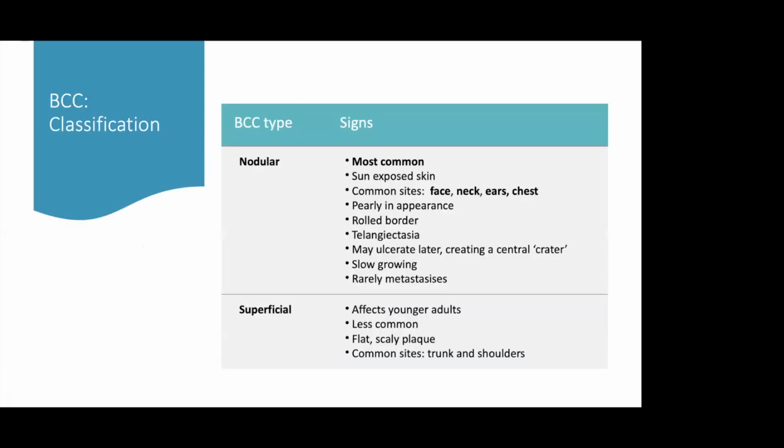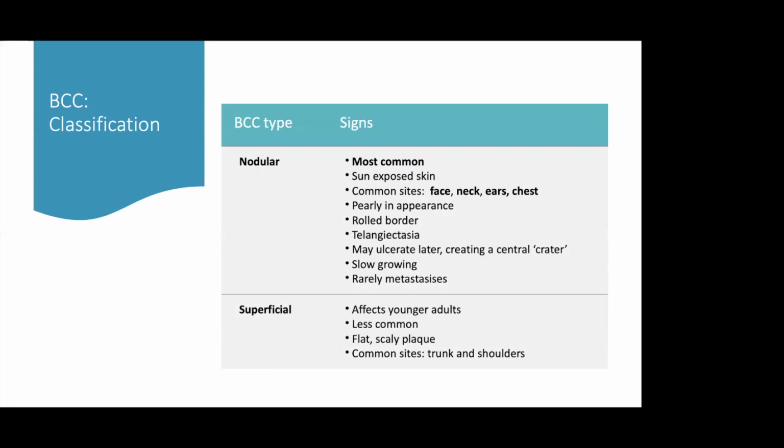Now, there are a number of different types of basal cell carcinoma. I don't want you to feel you need to be bogged down in all these details, but I just want to highlight to you the most common type, which is the nodular type of basal cell carcinoma.